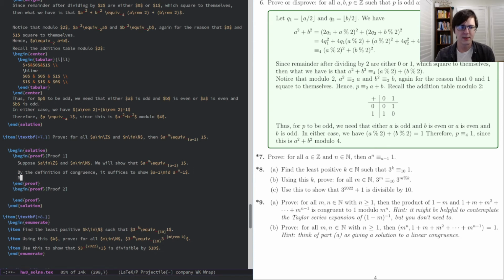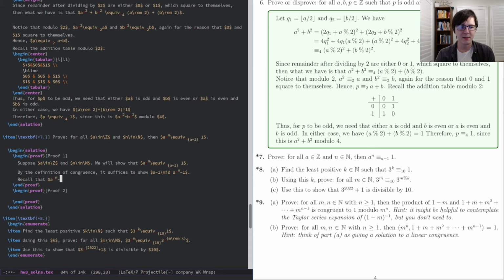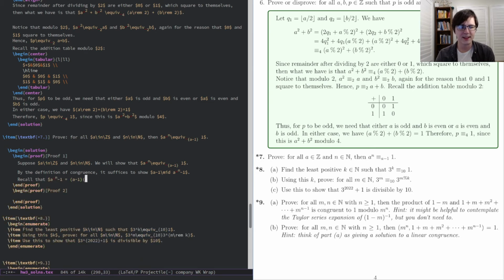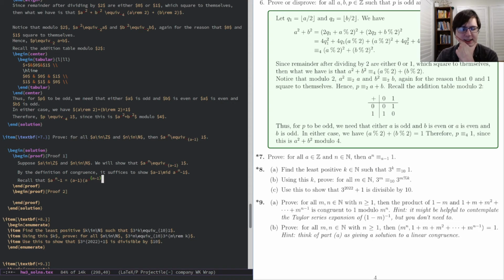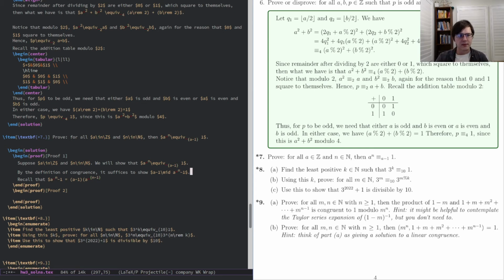So, recall that a to the n minus 1 is a minus 1 times a to the n minus, so n, all right, n is not necessarily positive. Might be 0. So this formula does not work for n is 0, and we need to check that separately.